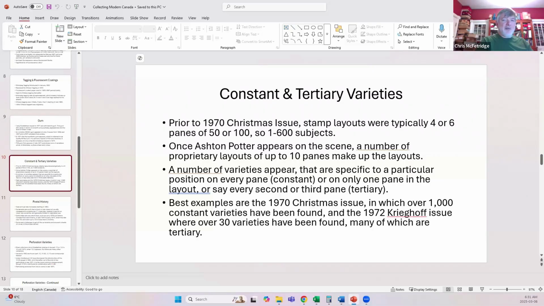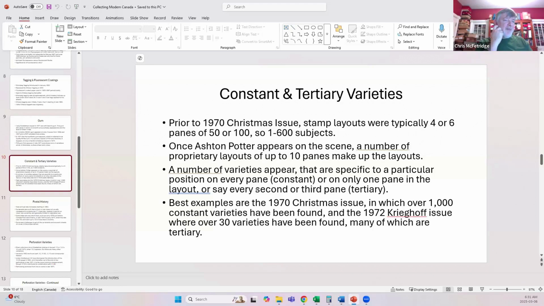You could have 20 sheets and not find it on any sheet because it only occurs once in every 6 sheets. And just because you have 6 sheets doesn't mean you have the variety, because it's a game of probabilities.